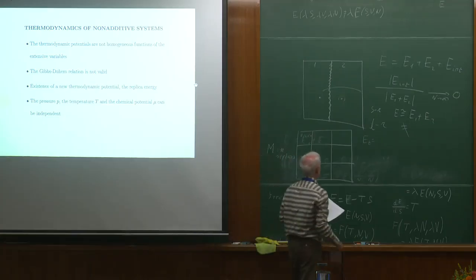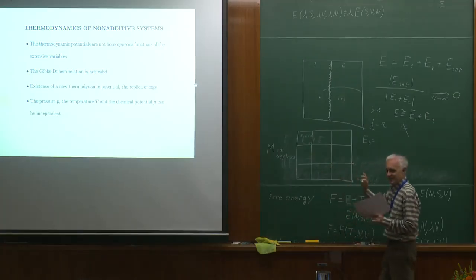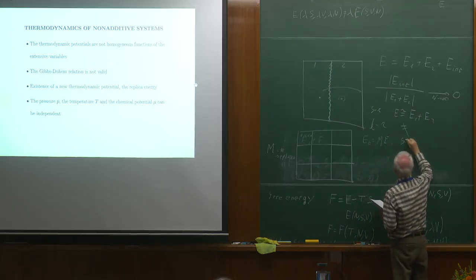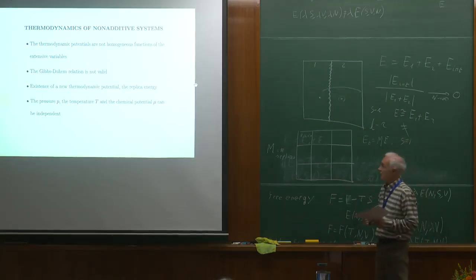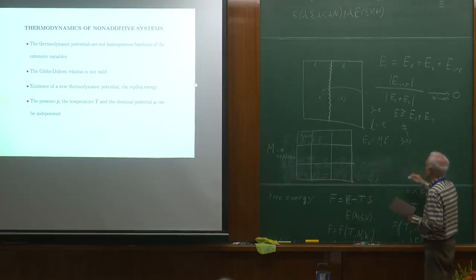Not necessarily do you have to put all of them inside the same box; this is just a mental construction. It can be, for example, just two replicas. They just do not interact.